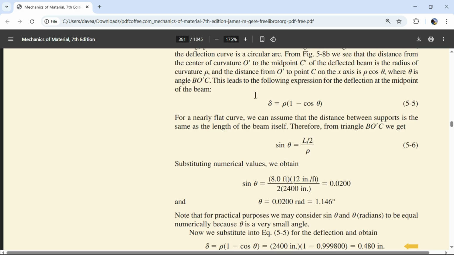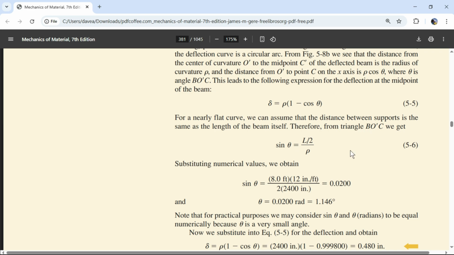So the deflection at midpoint is delta is equal to rho times 1 minus cosine theta. For a nearly flat curve, and then this is where they do that approximation, we can assume that the distance between the supports, because it's curved, that distance between the supports is going to be reduced, but they're just going to approximate it. It's the same length of the original length of the beam.